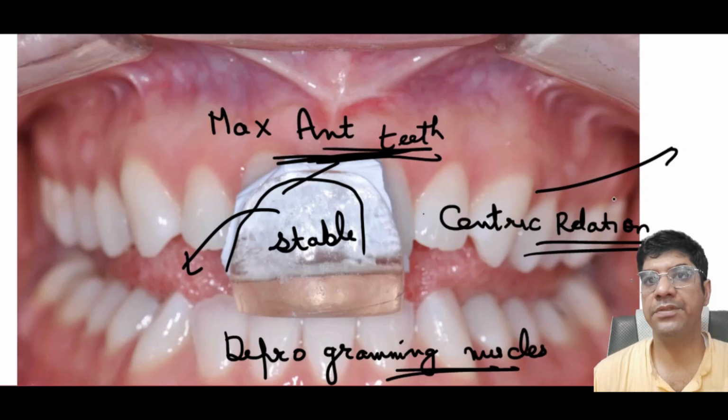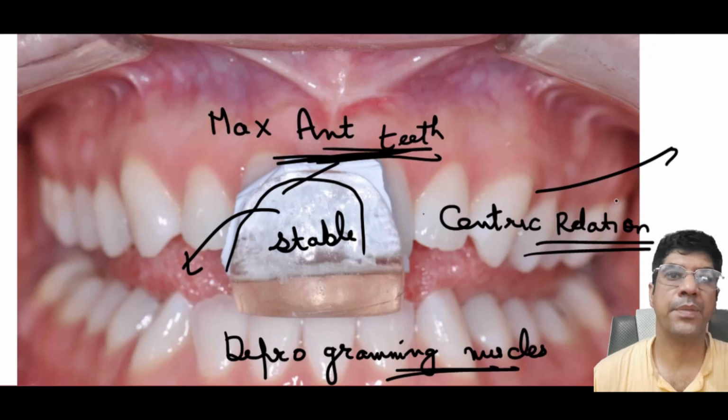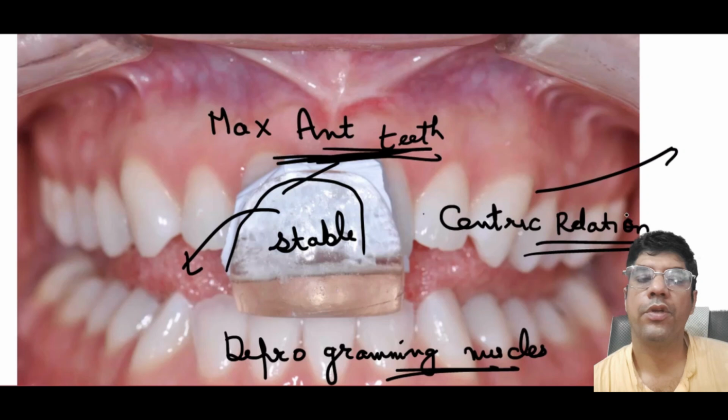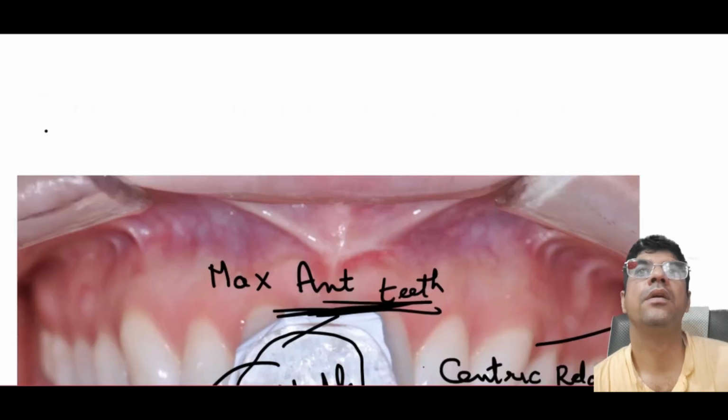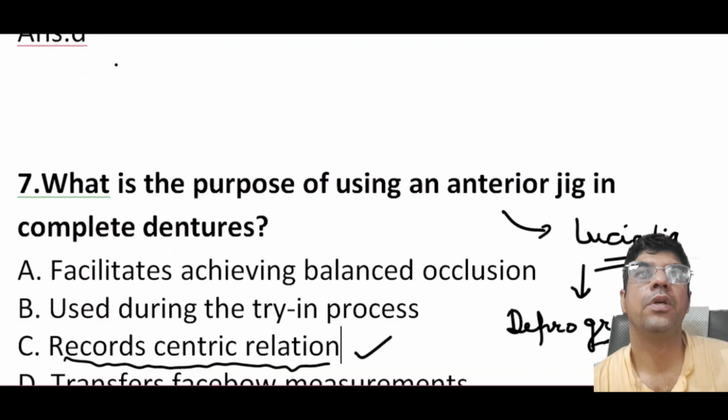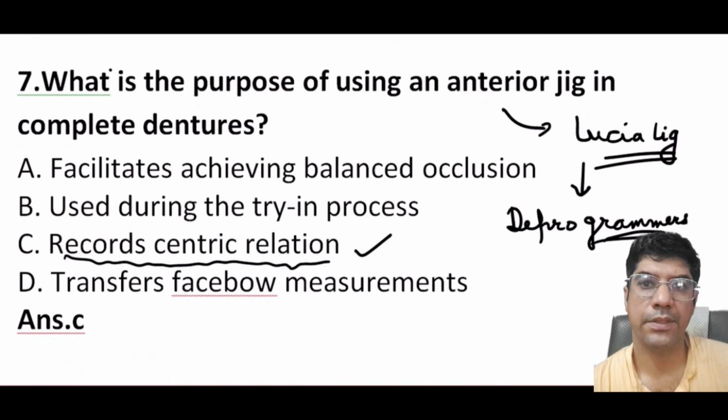So the centric relation is recorded. It is made for setting up the dentures. So your answer here would be the Lucia jig. It is used to record the centric relation.